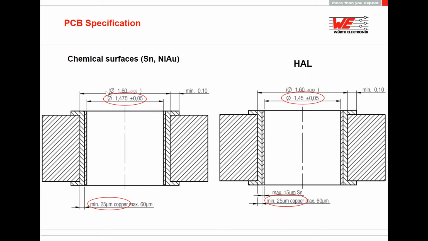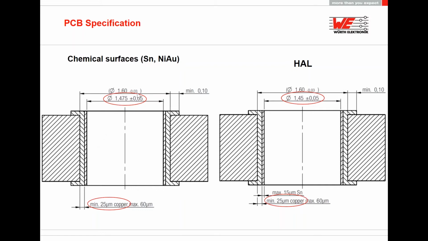And you can also see here the drill hole size, and we suggest to use this drill hole size with 1.6, and we want to push the PCB manufacturer to get more copper here, because you can also get this final via with a smaller drill hole size, like 1.55, but then the PCB manufacturer can put less copper into the via, but we want to have for the press fit technology more copper in the via.